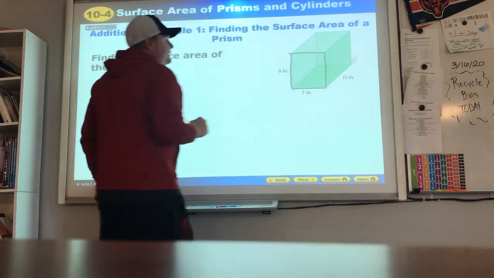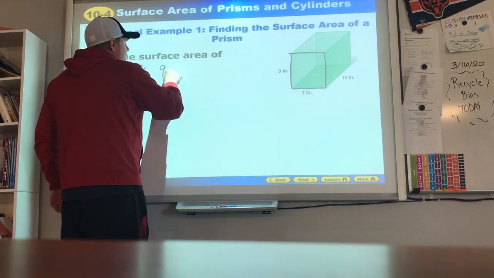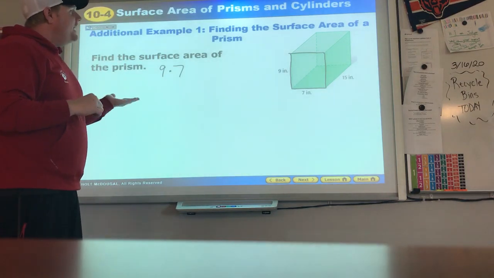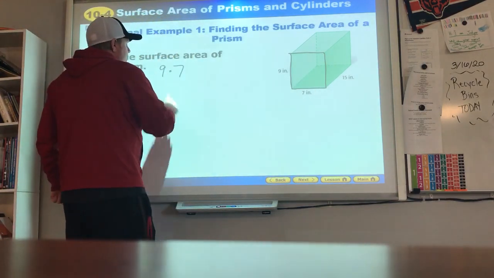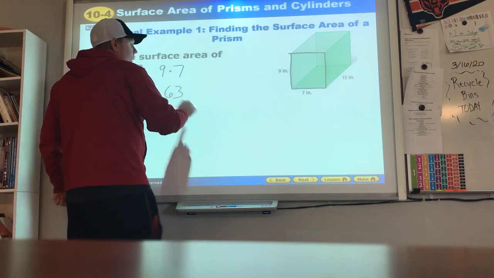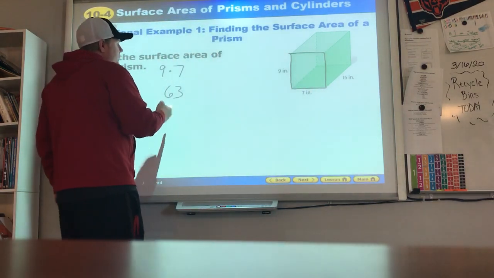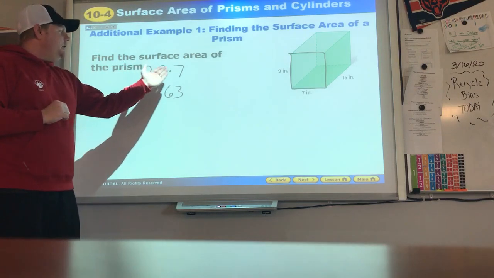So how do I find the area for that rectangle? I take 9, I multiply it by 7, and that will give me the area for this one side. So that's 63. But this side and the back side are exactly the same, so that's why they say take 2 times the area of the base.